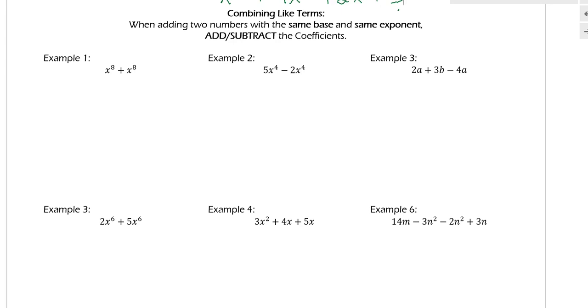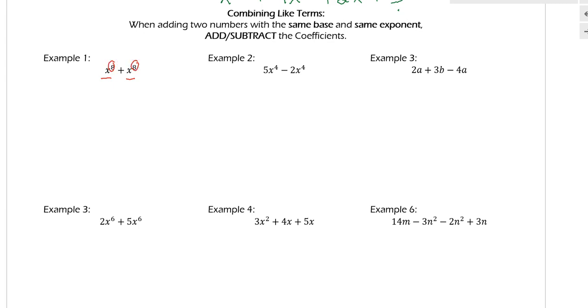When adding two numbers with the same base and same exponent, you add or subtract the coefficients. So I want to look here. Do I have the same base? Yes, these are both an x. Do I have the same exponent? Yes, they both have an 8.